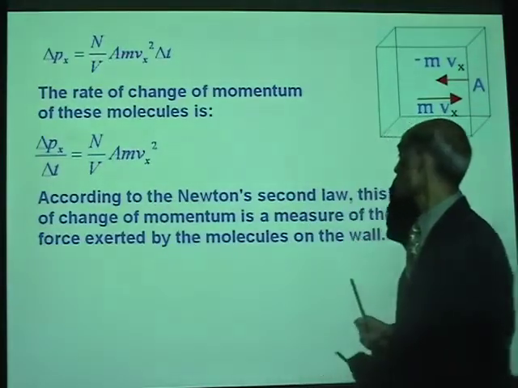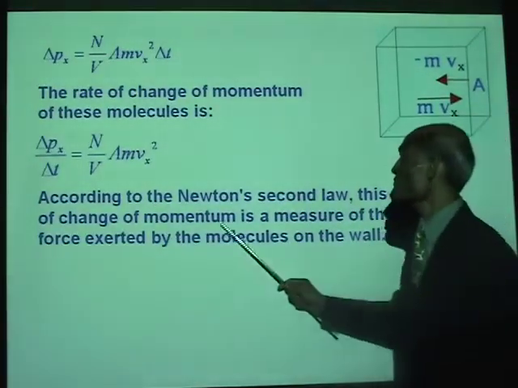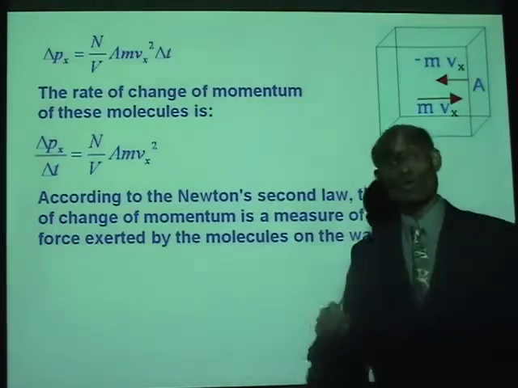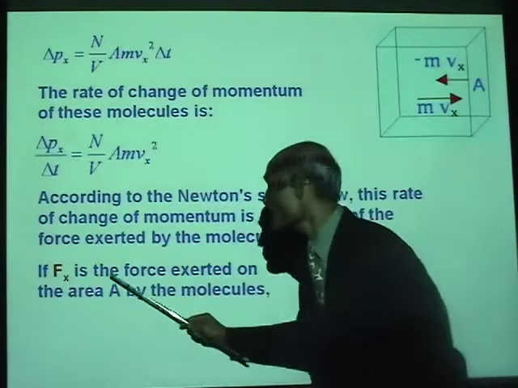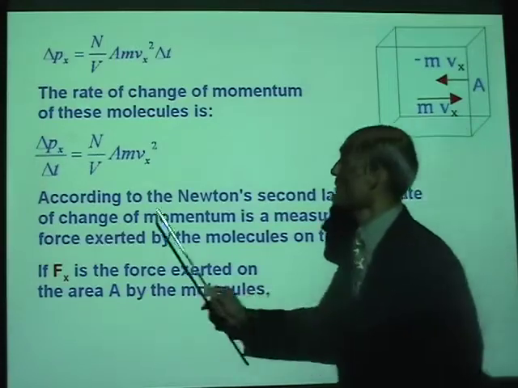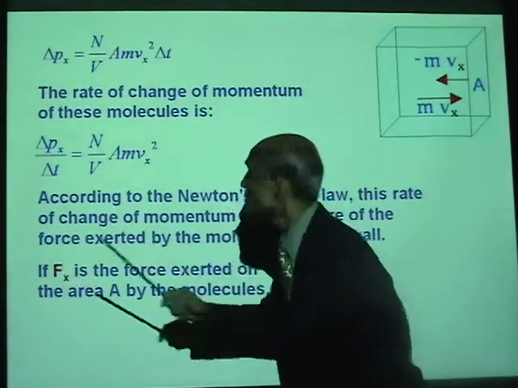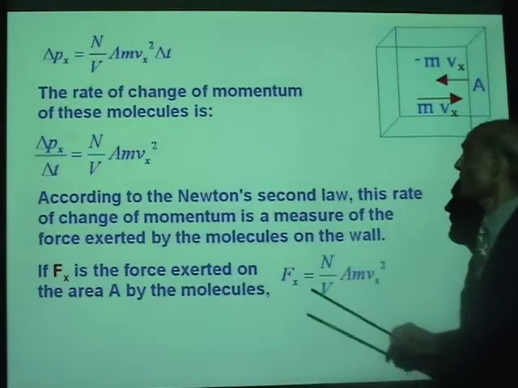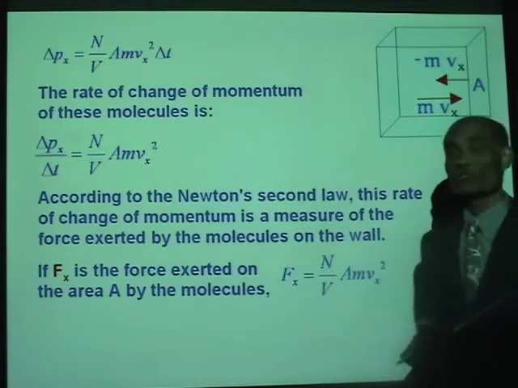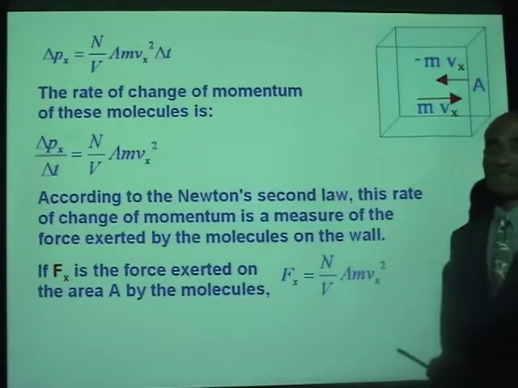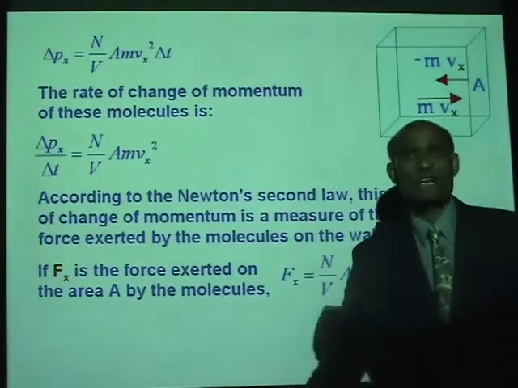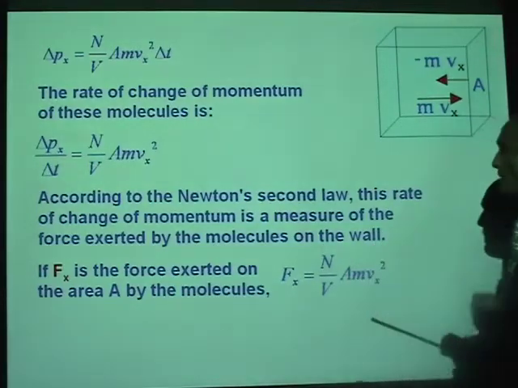Now, if Fx is the force exerted on the area A by the molecules, then this quantity will be equal to Fx. So we say Fx equal to N over V A m Vx squared. Alright. Can you use this and give me an expression for the pressure exerted by these molecules on the wall?